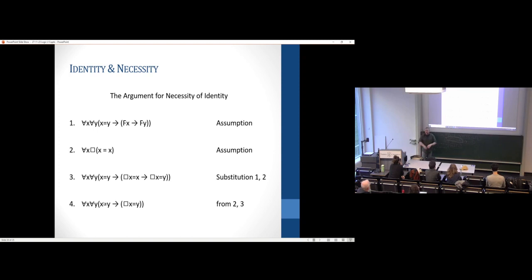And the second one is just this principle that everything is necessarily self-identical. And then we plug in the property of being necessarily self-identical as F. So for all x and for all y, if they're identical, well, then they're necessarily identical to themselves.